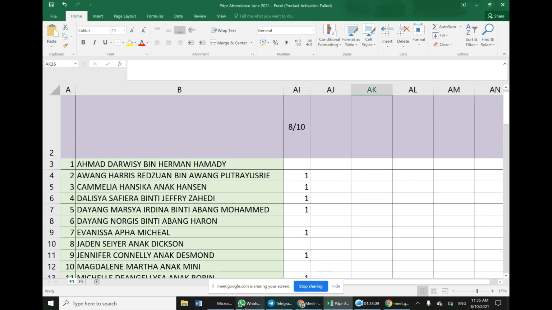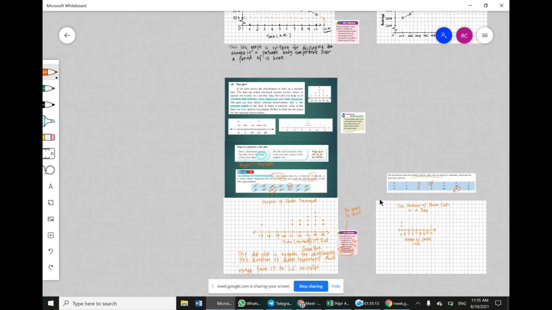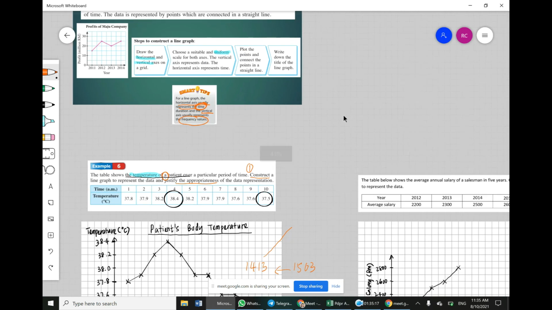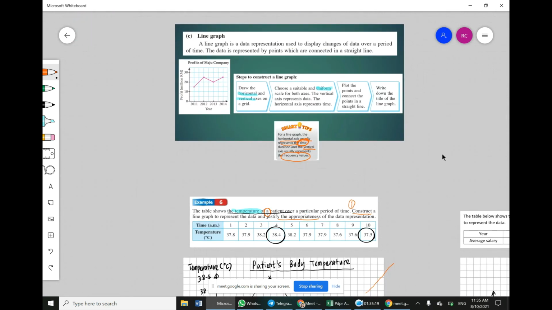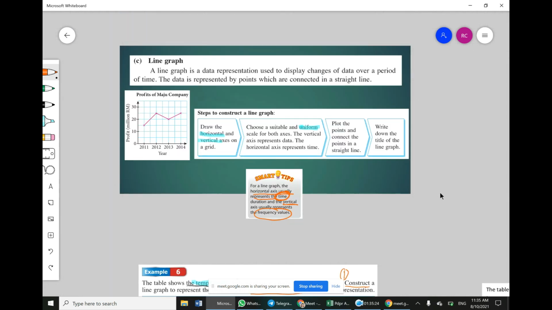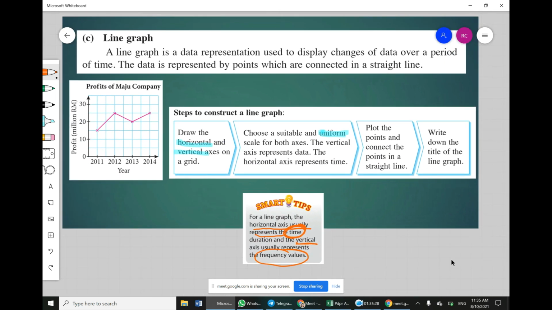Before we end the lesson, can you tell me what did you learn today? Dot plot and line graph. And line graph. What are the steps to draw the line graph? Make a vertical line. Yes, vertical line and also the horizontal line. The horizontal line, sometimes we call it the x-axis, and the vertical line, we call it what axis?